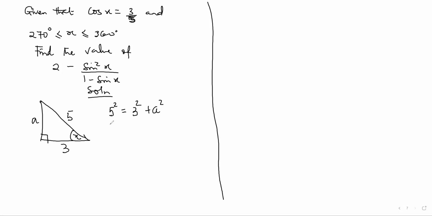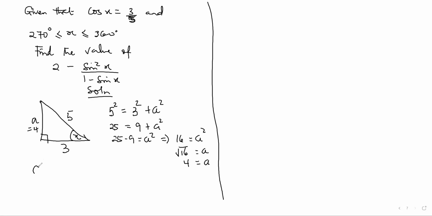So this will be 25 equal to 9 plus a squared. This will be 25 minus 9 equal to a squared, which is 16 equal to a squared, and your a will be equal to 4.